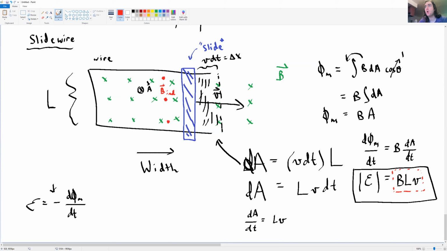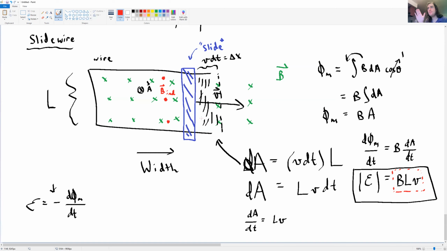That would oppose the change, right? In order to get that induced magnetic field, we use the right-hand rule. Your thumb is going to point in the direction of the current on the wire, on the blue conducting rod. That's basically a wire here, a slide wire.